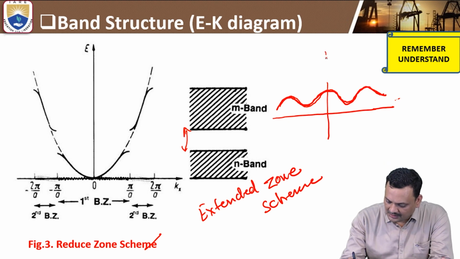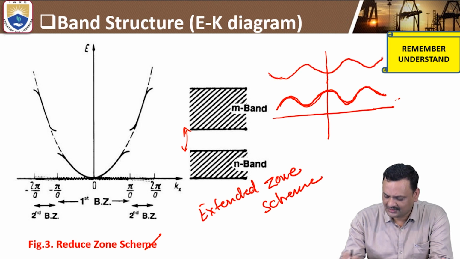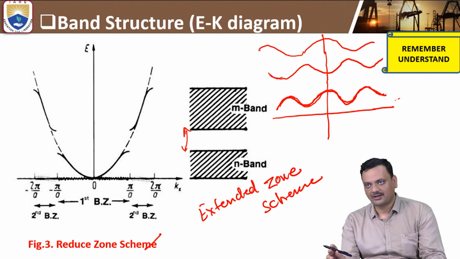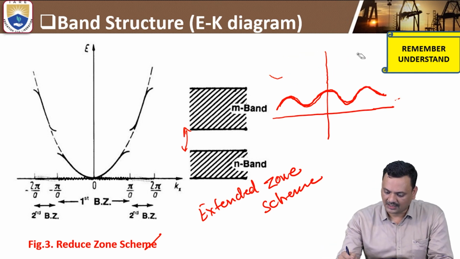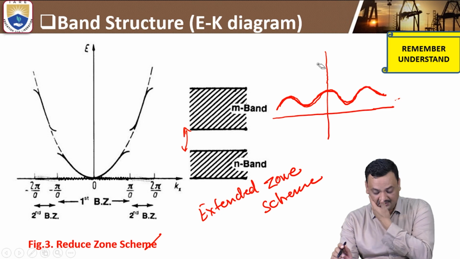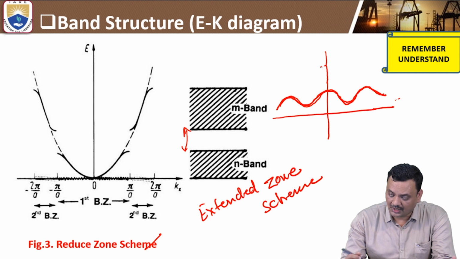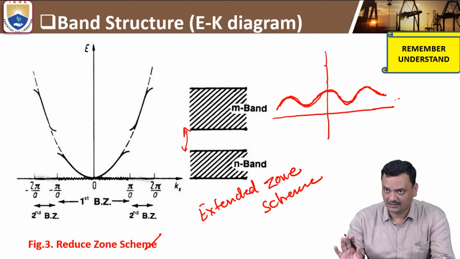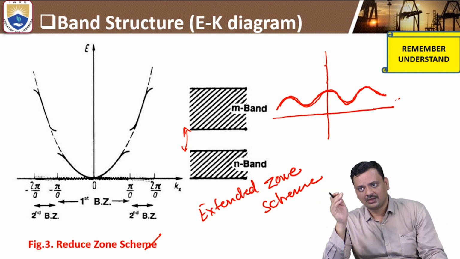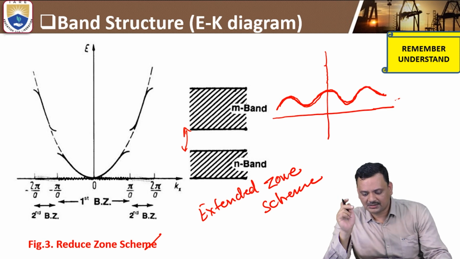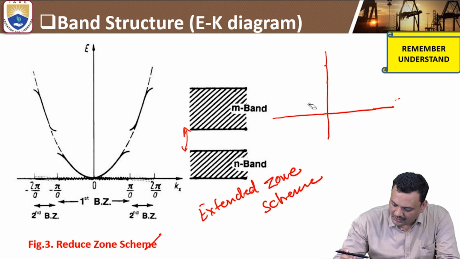Then the second one will be here, and similarly the third one will be here. So forget about all these higher levels. If you take this level, you have to choose only one level, whatever, it's up to you. You have to take only one level, and then for that level you have to draw the plot.